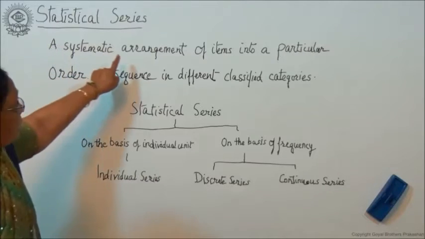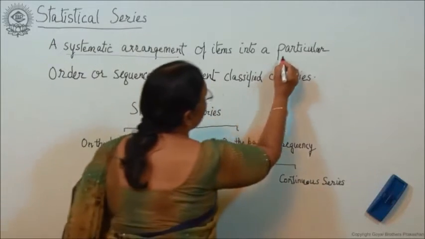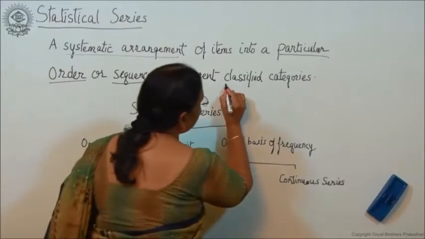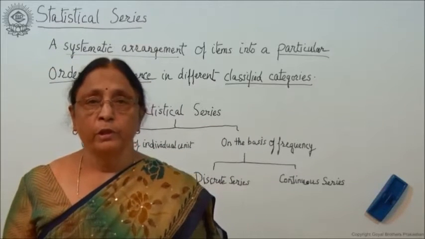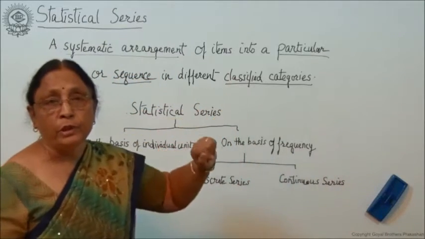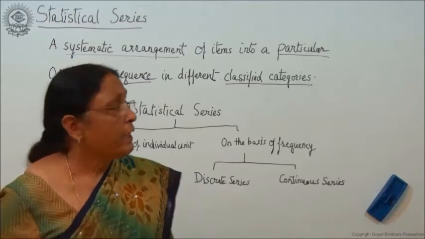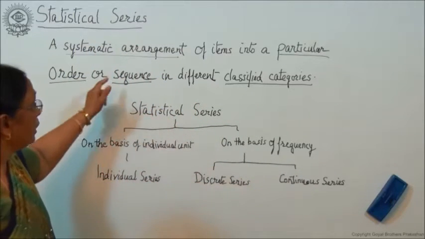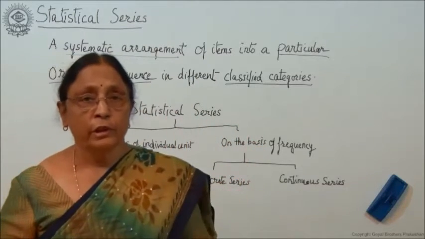Similarly, a statistical series is a systematic arrangement of items into a particular order or sequence in different classified categories. That means the categories you have formed with the help of classification of data are again arranged in a particular systematic order to form the series. So a statistical series is a further step after the classification of data, forming a particular order or sequence for further analysis.